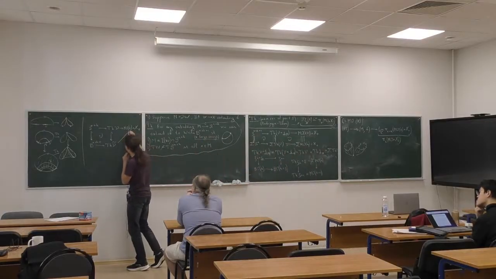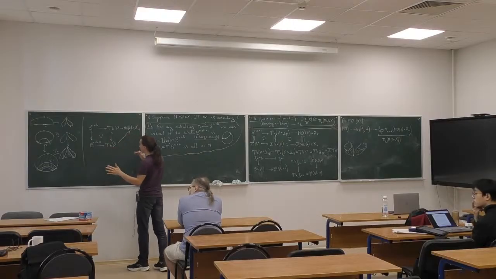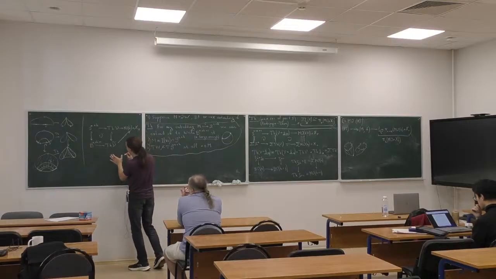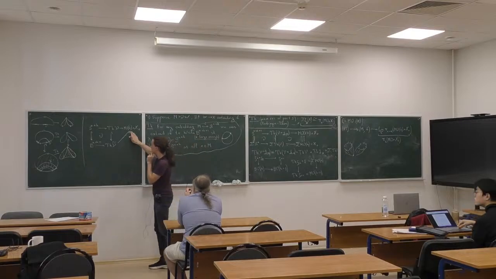In that way, we get a map from S^(n+k+1) to the Thom space of nu tilde, and then we get this map.